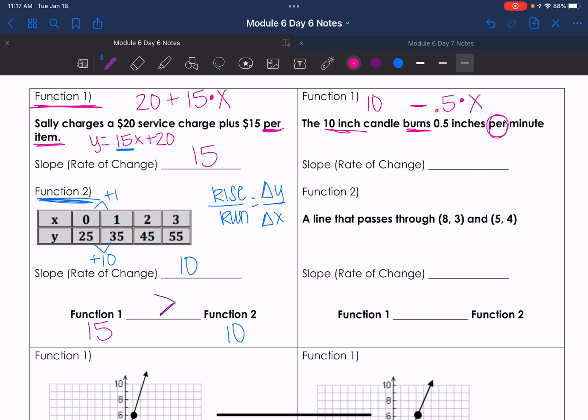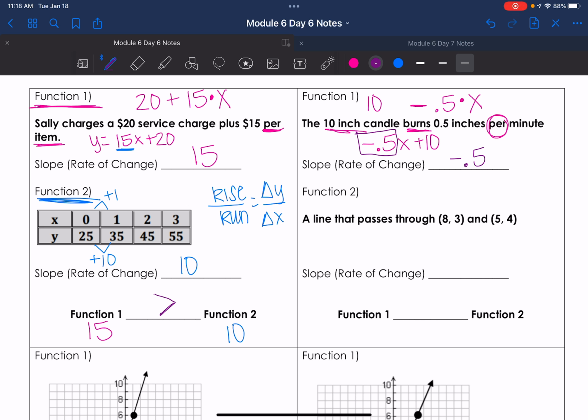So if I rewrite this expression, it would be negative 0.5x, and then that's a positive 10, so it's plus 10. So that means my slope here is this negative 0.5.